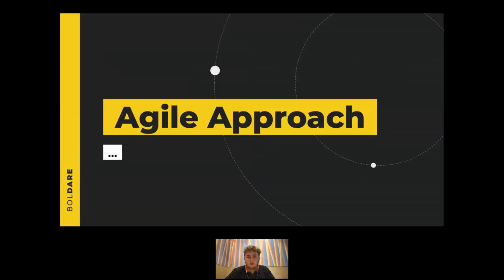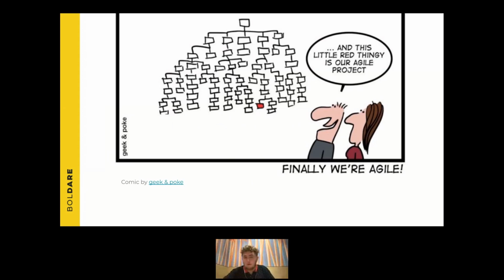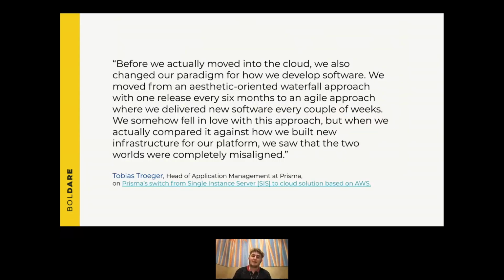Last topic, agile approach, and this is also a meme, a really popular one that most of you know. We got this little box in our company that is agile, so we are finally agile, beautiful. And being agile is also not that easy. If you never embraced this concept that is in IT quite long with us, we got Scrum, contrary to waterfall approaches.